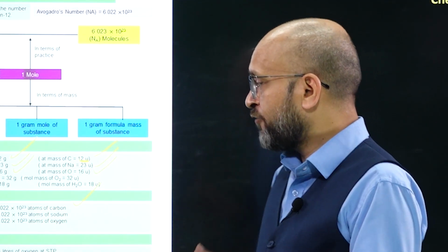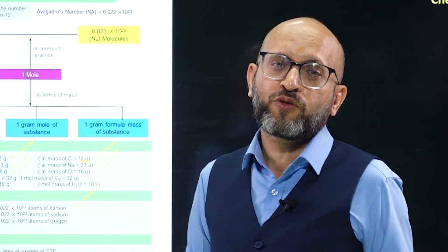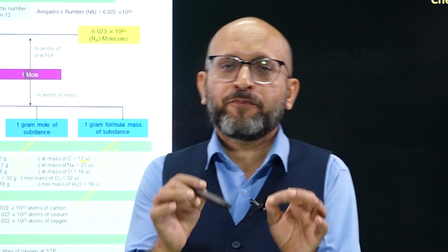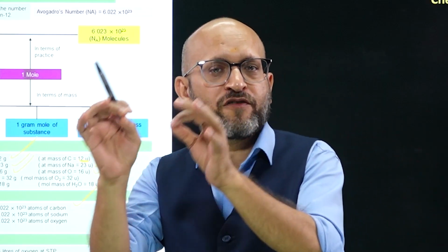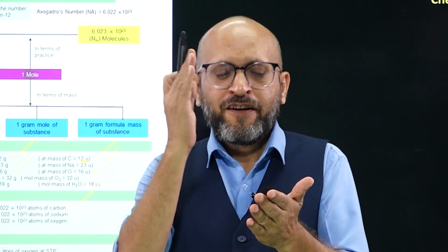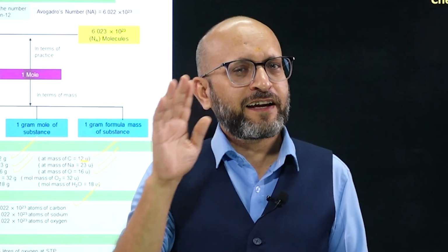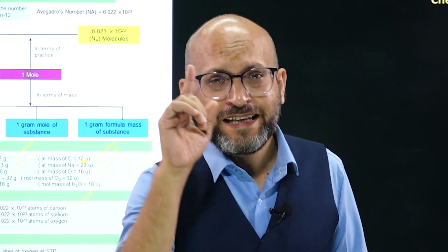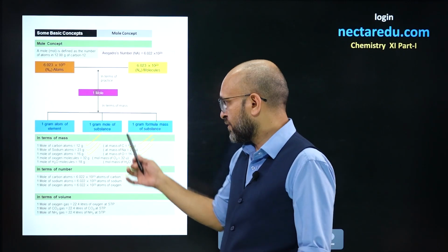Now, in terms of volume, the volume of 1 mole of gas equals 22.4 liters. Whether it is ammonia, hydrogen, or helium, any gas will have the same volume. 1 mole of hydrogen gas has a volume of 22.4 liters, and 1 mole of ammonia gas again has a volume of 22.4 liters. I hope you understood most of the points.